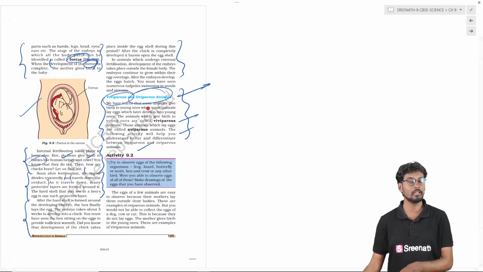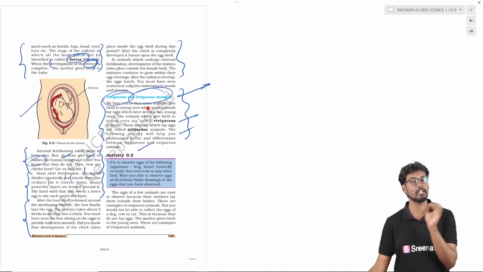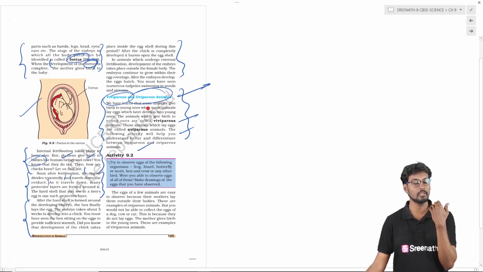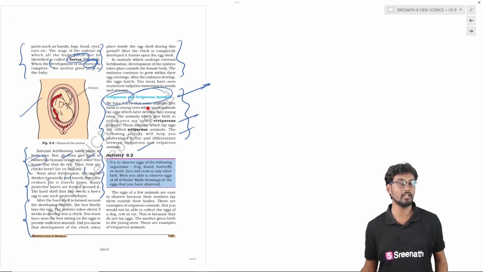The protective shell is broken down to release the baby. So the viviparous are the ones giving out young babies directly, and the oviparous are the ones laying eggs, consisting of a fertilized egg within a protective shell.